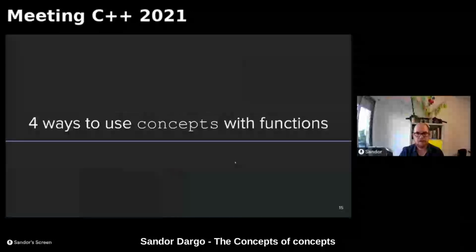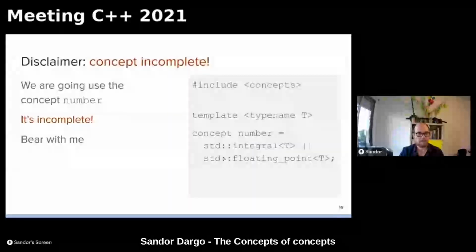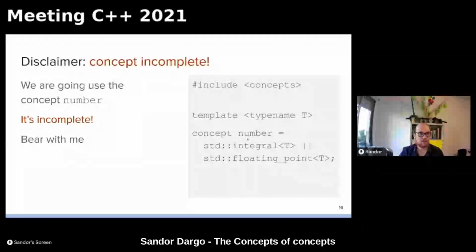So now that we had a brief overview, let's see 4 different ways to use concepts with functions. I want to remind you that if you disagree with this concept number because it's incomplete, not correct, I know, bear with me.